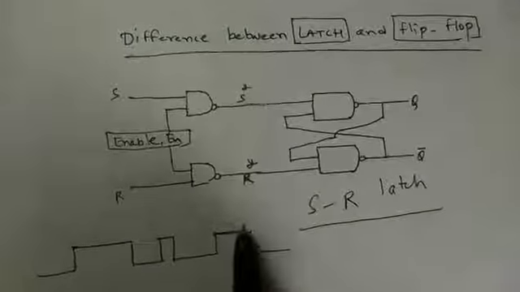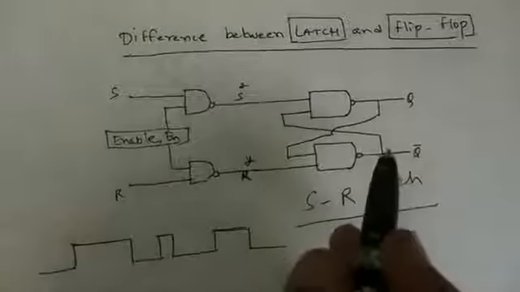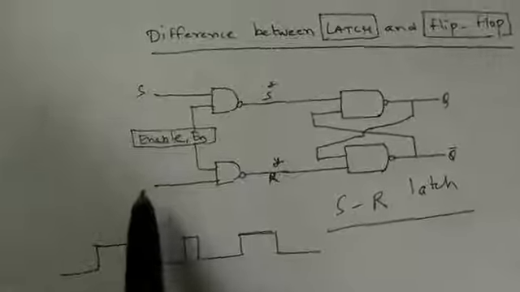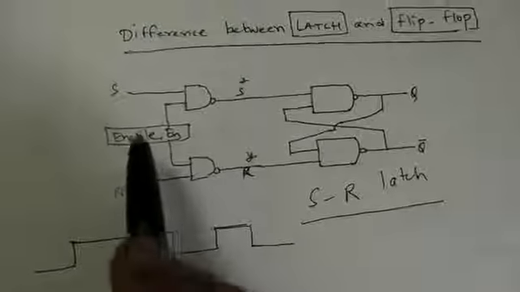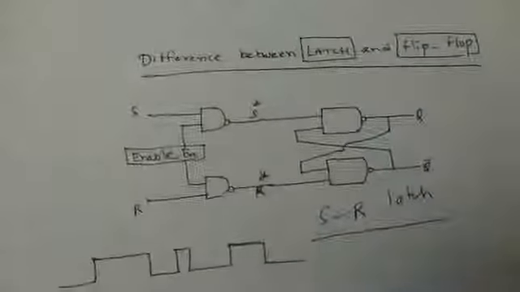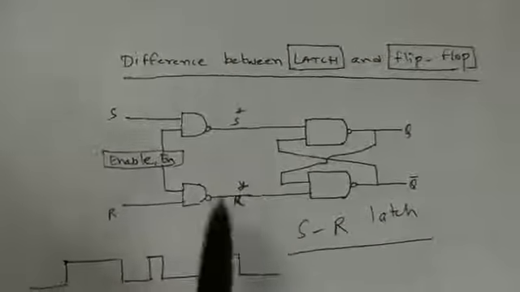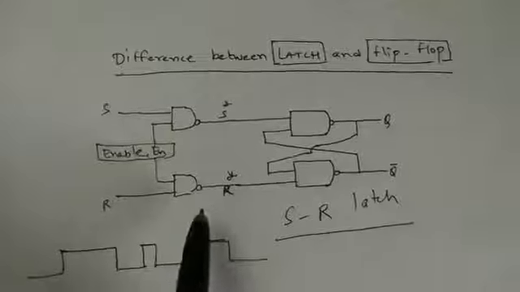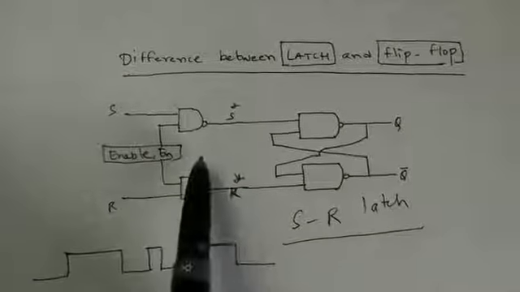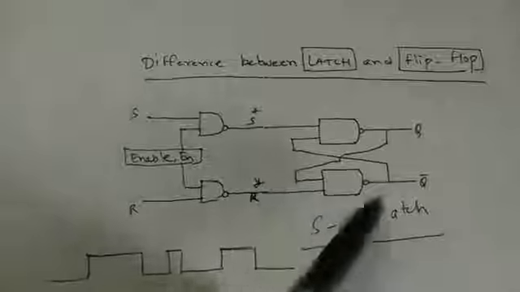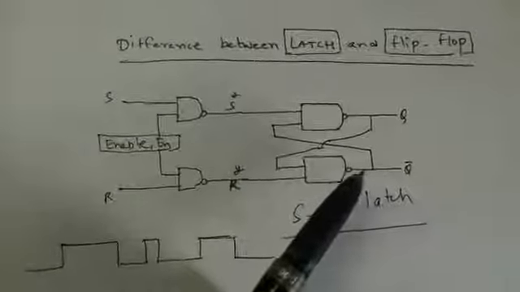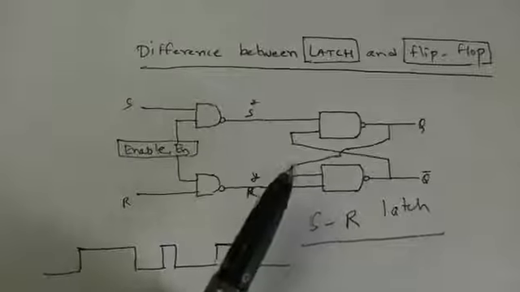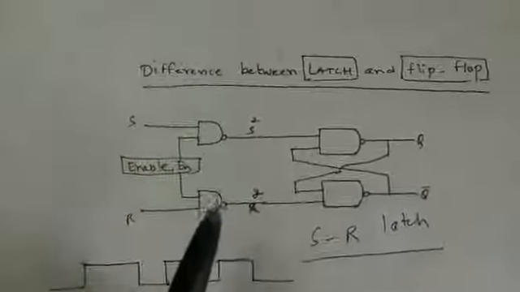Whenever it is high, this will work as a latch, and this is known as level triggering. This control input helps us decide the values of S and R to be changed as we want, and accordingly the output values that are stored can be changed as we want. So this is about the latch.